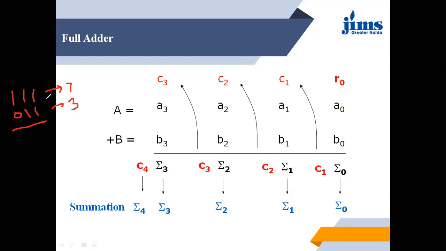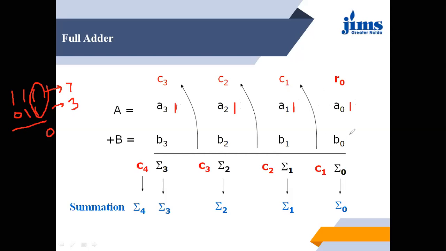So when I am adding these two numbers, then I am getting 0 and 1 carry also. Let me put these values over here. This is A1, A0 is 1, A1 is 1, A2 is 1, and suppose I am taking this also as 1.